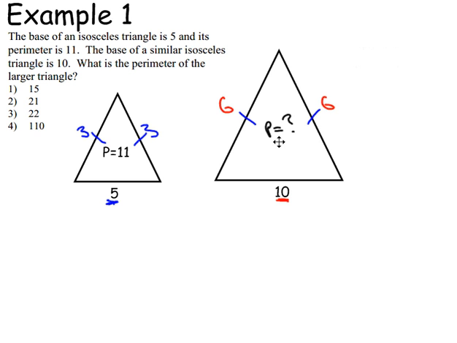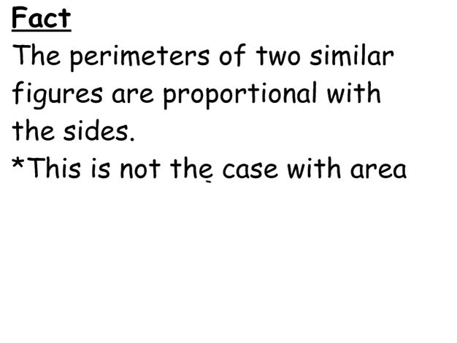Which means the perimeter is going to be 6 plus 6 plus 10, which will be 22. So the perimeter is 22. Let's write that inside the triangle. P is 22.